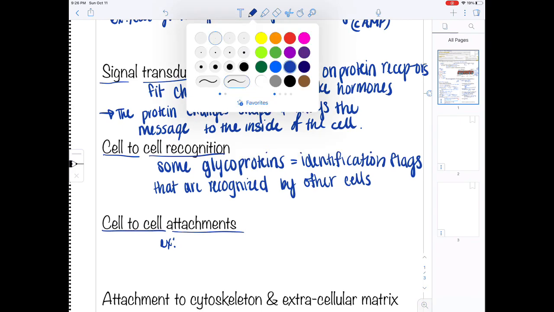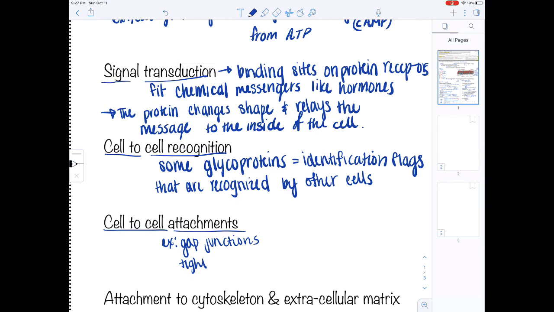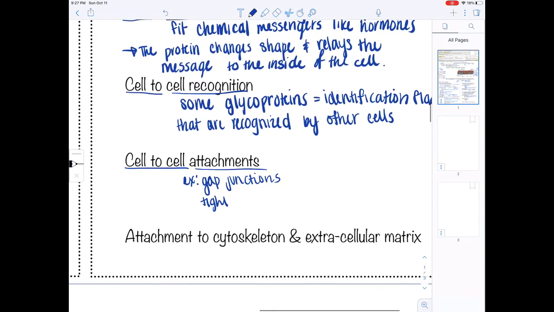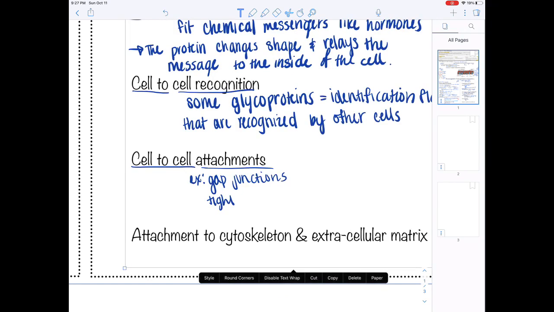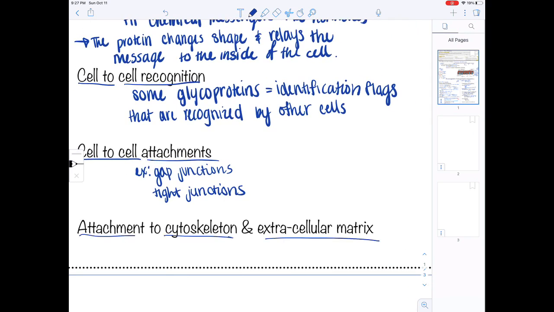Another function we can get from our proteins is cell-to-cell attachments. So remember when we talked about our junctions, your gap junctions, your tight junctions, that cell-to-cell attachment is something that we're getting from our proteins. Another would be attachments to the cytoskeleton and the extracellular matrix.